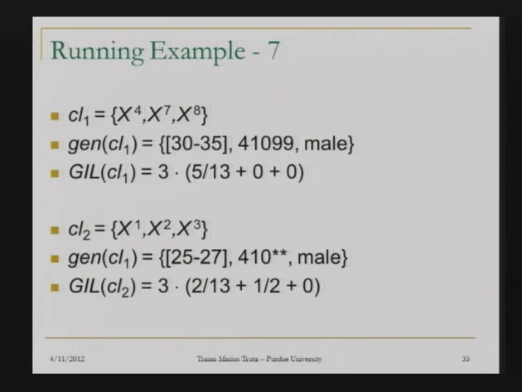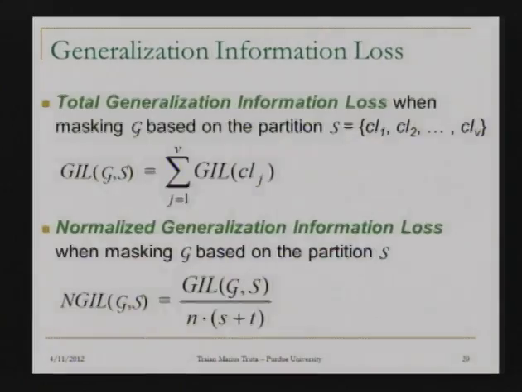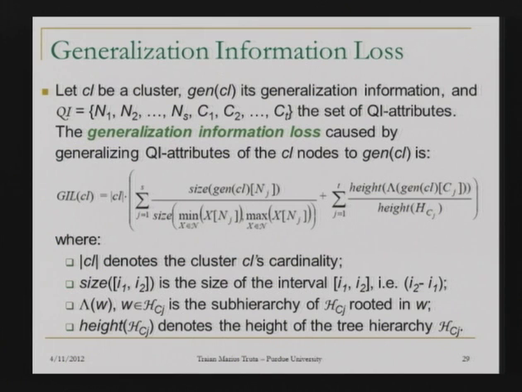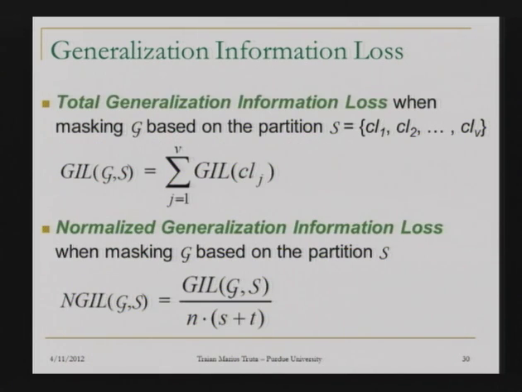Now, for the zip code, we have to look at the hierarchy. We have 1 over 2 because there are only 2 levels in the hierarchy of the zip code, and we move up 1 level out of the 2. For gender it is 0 because we don't change anything. And this is how we compute generalization information loss, pretty much. All of this is a definition of what I mentioned in this example.